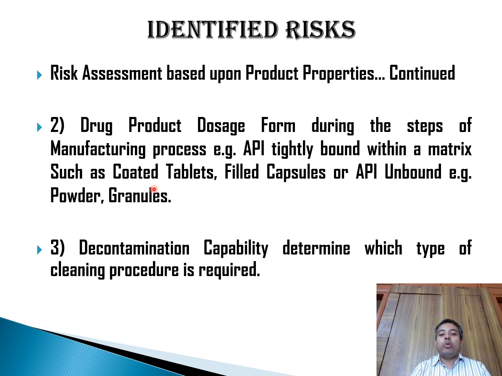For example, in a coated tablet or in a filled capsule, the API would remain tightly bound within the matrix, or in case of powder granules, the API would remain in unbound form. Based upon this requirement, we can identify the required manufacturing equipment and processes to be present in the facility. Decontamination capability can help to determine which type of cleaning procedure is required. I hope you can understand the identified risks in case of introduction of a new facility to be built.